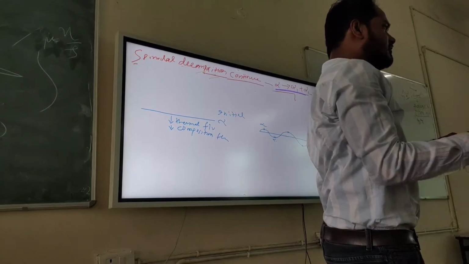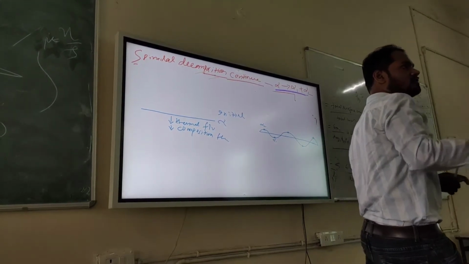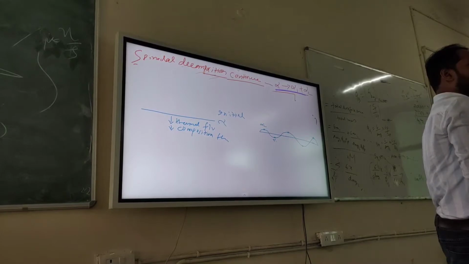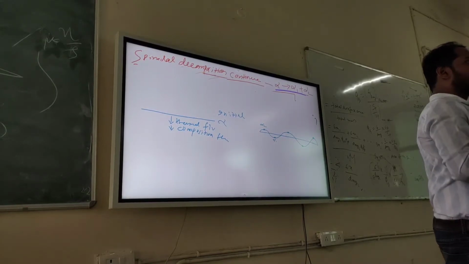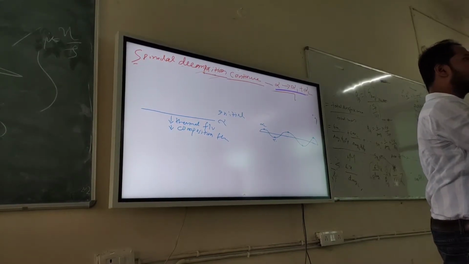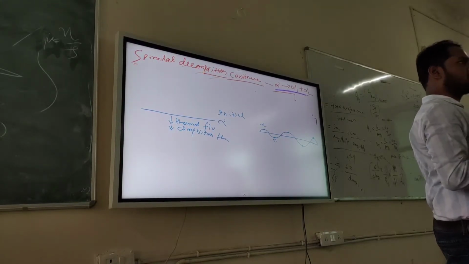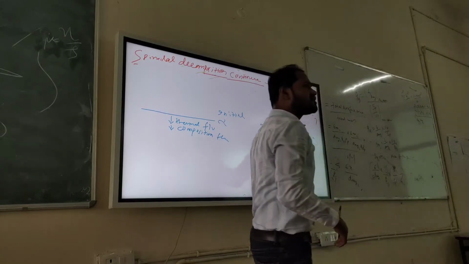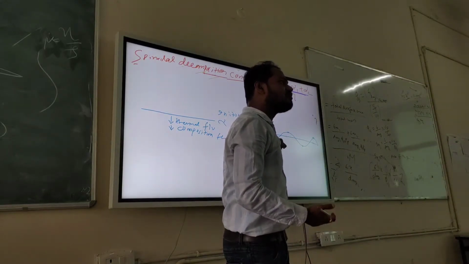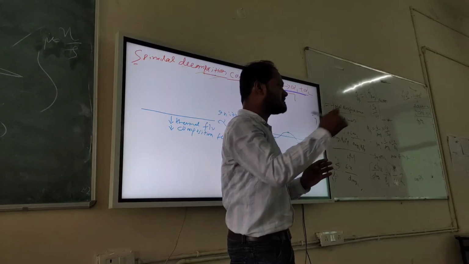We have seen the stable alpha phase and the unstable alpha phase. Just check the previous class. When it is an unstable alpha phase, single phase alpha has higher free energy, but when it decomposes into alpha 1 plus alpha 2, it has lower free energy. So this kind of situation is favorable now. The system wants to reduce its free energy by becoming alpha 1 plus alpha 2.